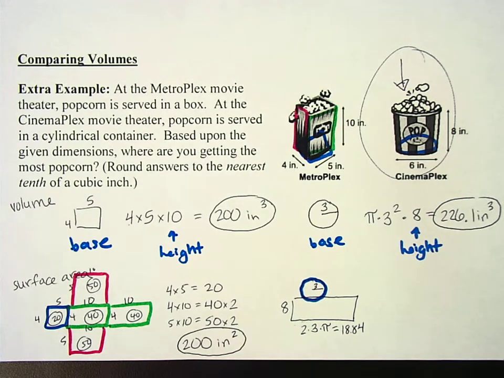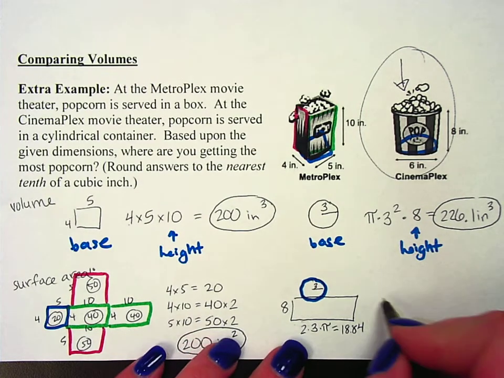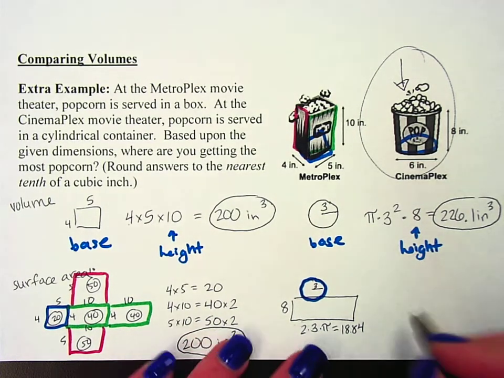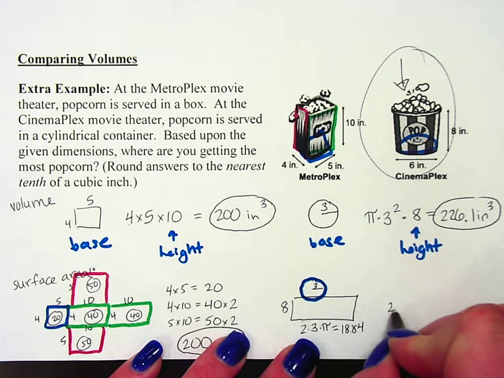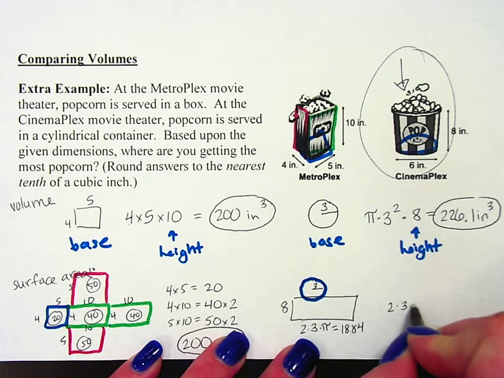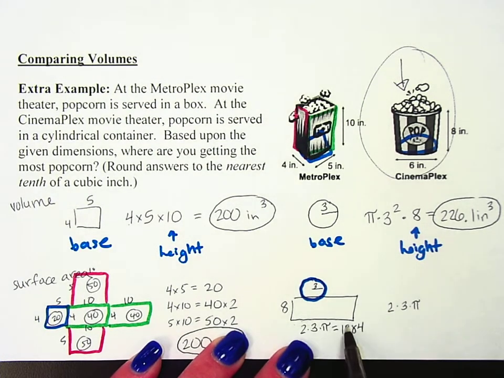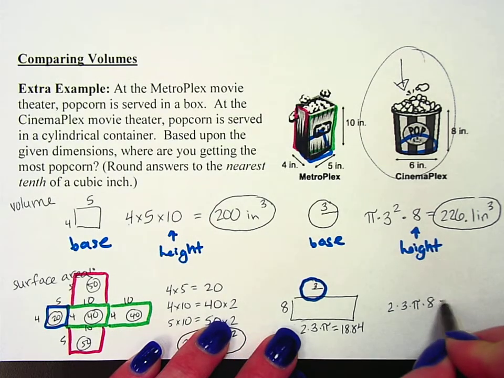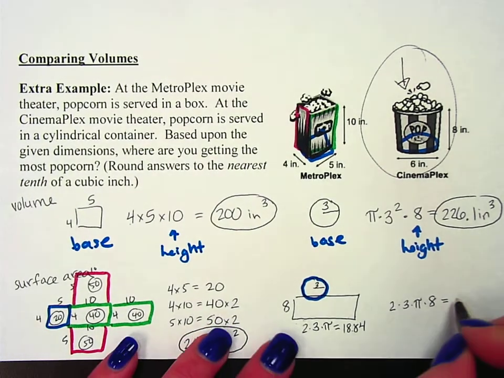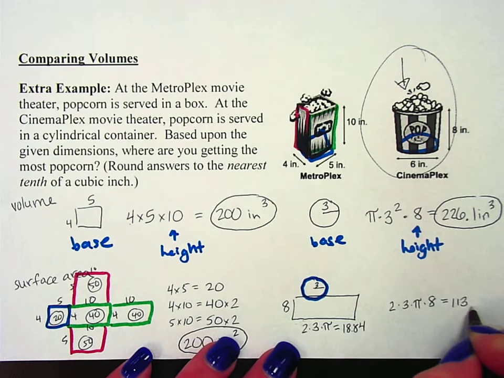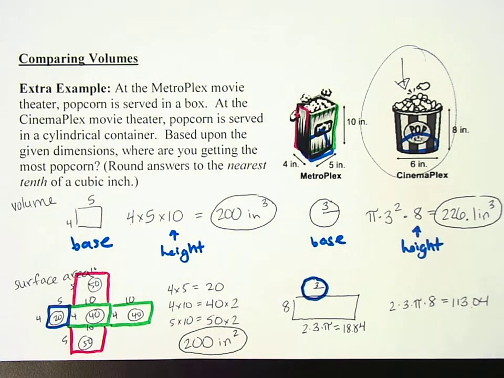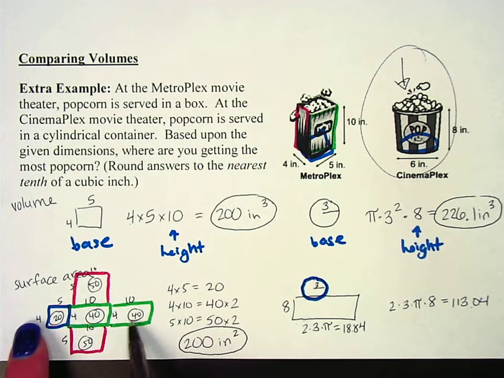Okay, so for surface area, we're doing 2 times pi times r. So we're doing 2 times 3 times pi. That was my rectangle, times by my height. So inside this box was 113.04. Right, so a little bit bigger surface area than what it took to wrap around that guy.